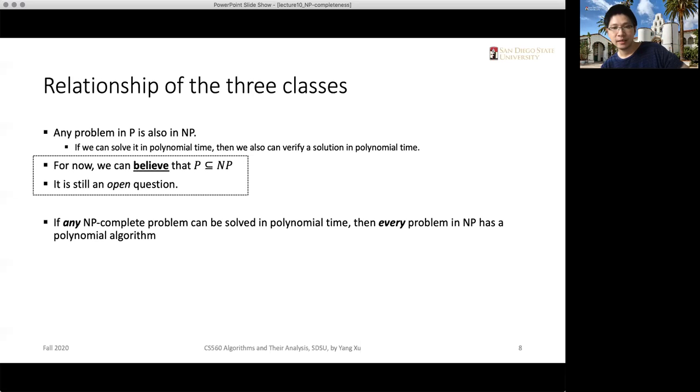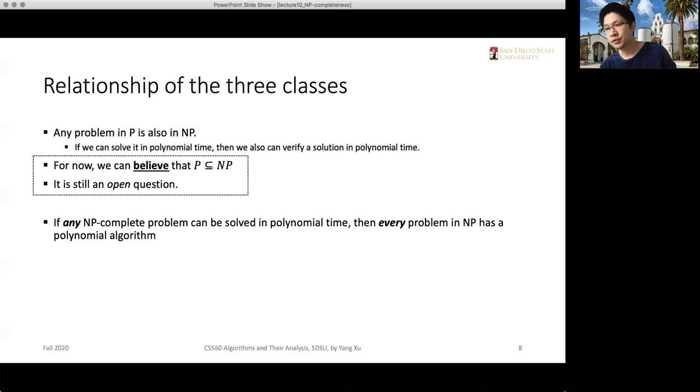And also, if any NP-complete problem can be solved in polynomial time, then that means every problem in NP also has a polynomial algorithm or polynomial solution.